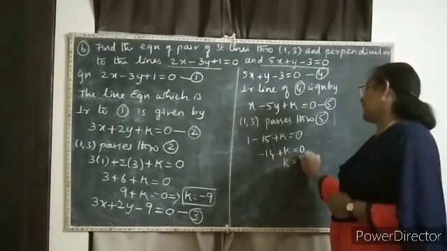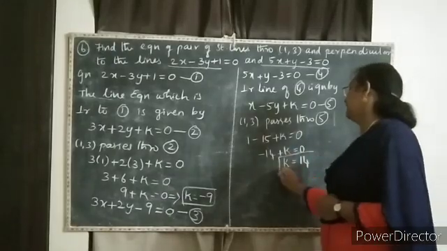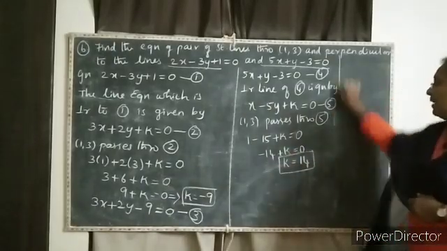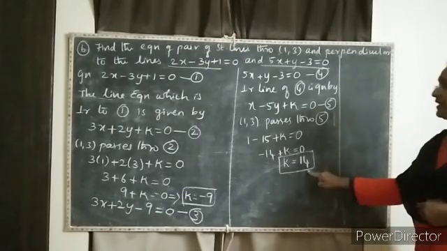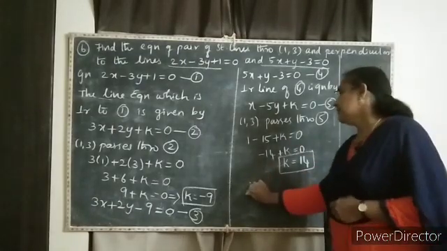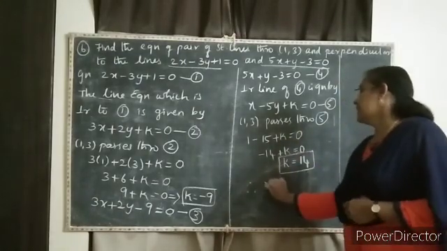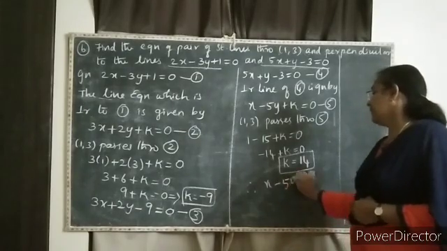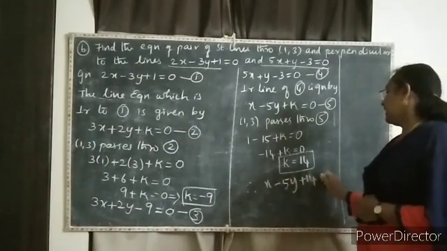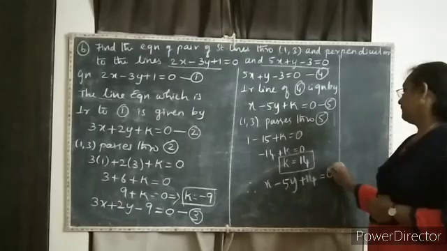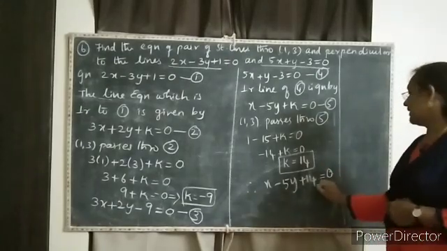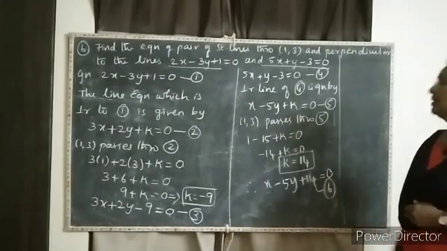So this implies k is equal to 14. Yes or no? So now I have found the value of k is equal to 14. Therefore, the required equation is x minus 5y plus 14 equal to 0. So now this becomes our sixth equation.